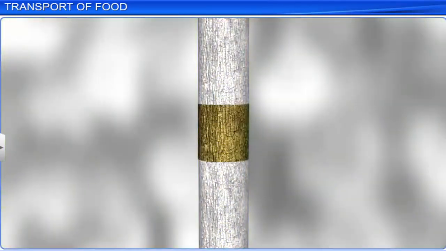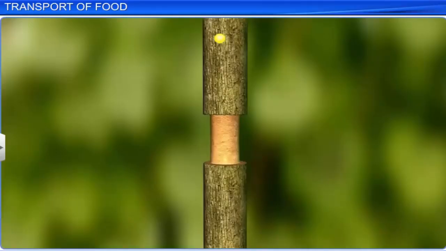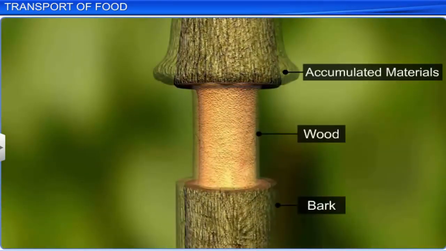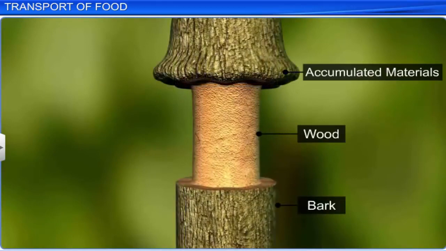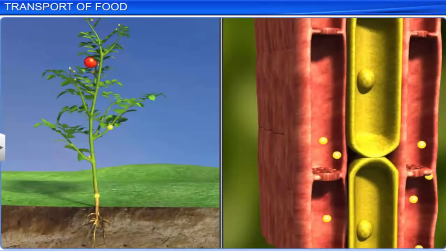In this experiment, a ring of tree bark up to the depth of the phloem layer is carefully removed from the trunk. The portion of the bark above the ring on the stem becomes swollen after a few weeks because the downward movement of food doesn't take place any longer as the phloem cells have been cut. Therefore, it can be concluded that transportation of food takes place via phloem cells.